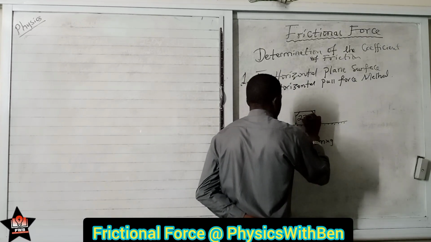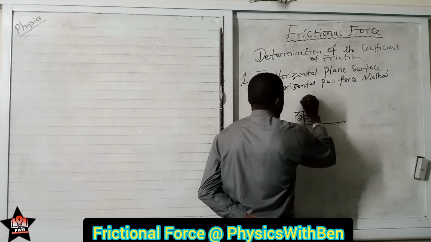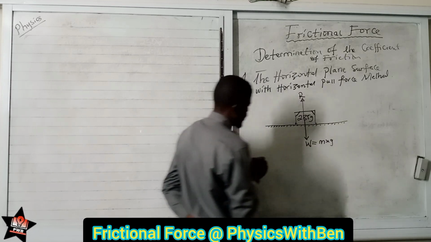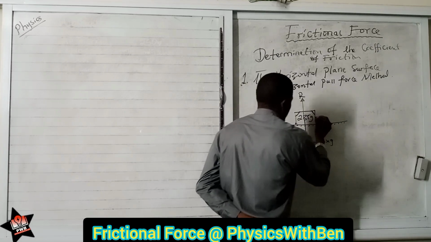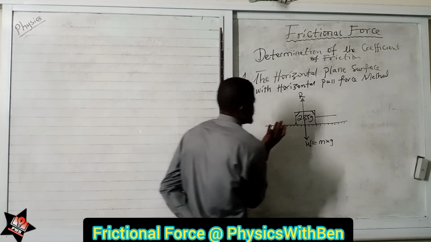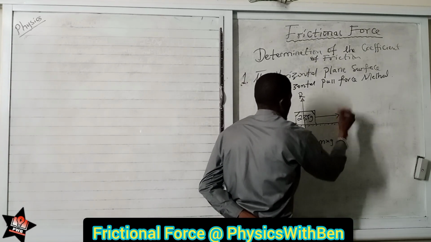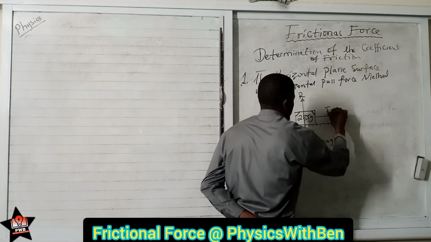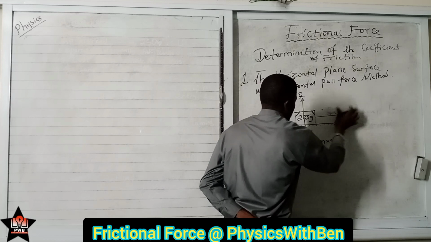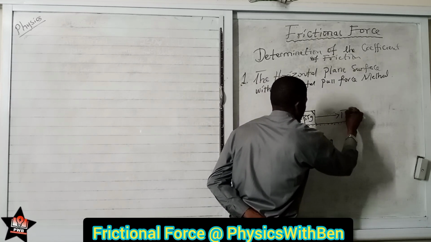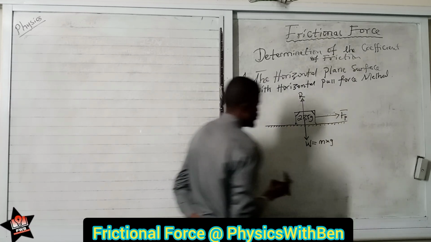And from here up is the normal reaction. And then here, if I pull this object this way, I drag it this way, that is my FP, my pull force.